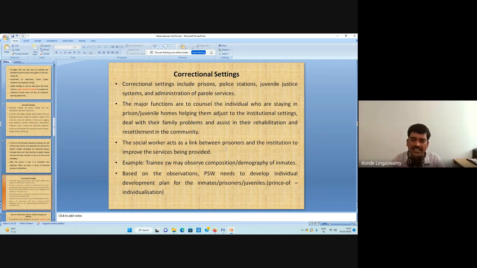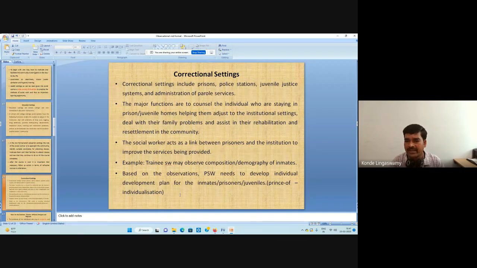For example, a trainee social worker may observe the composition and demography of inmates. If there is any possibility in your country, you can visit a prison or jail. When you visit a prison, jail, or juvenile home, you may observe the composition and demography of inmates.